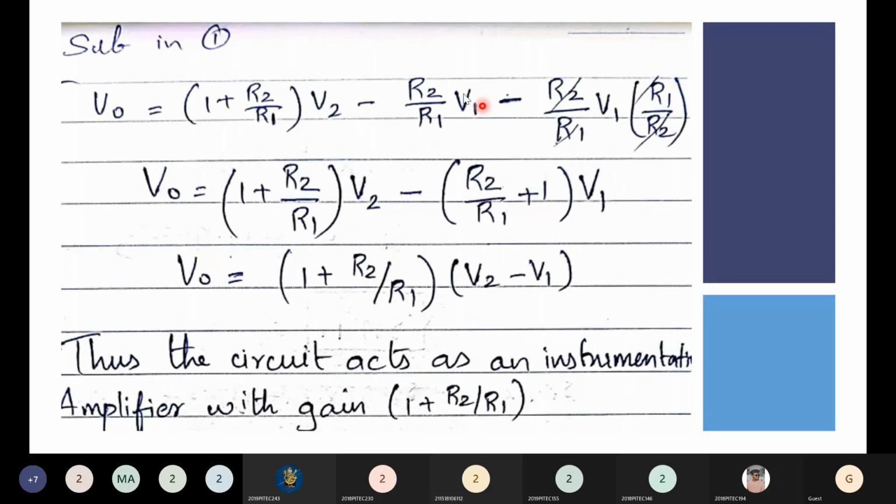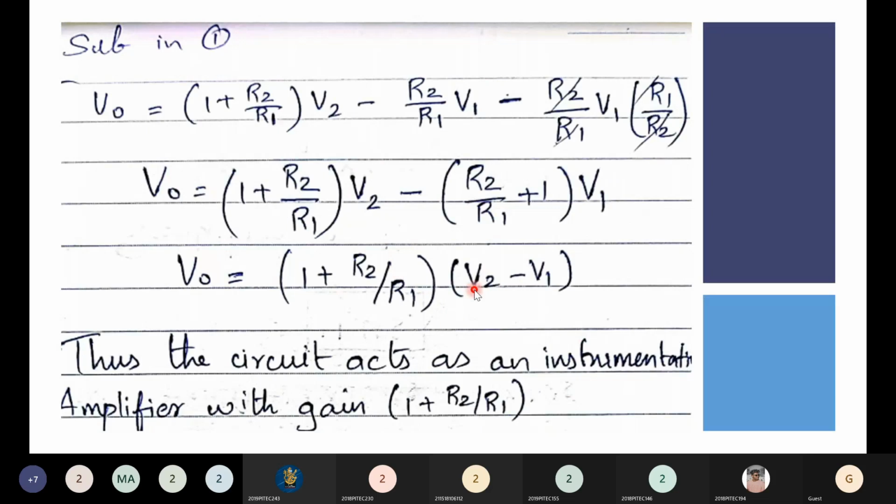One term will get cancelled and this remains. So your output is equal to 1 plus R2 by R1 times the differential input. That is what a differential amplifier or an instrumentation amplifier is, is it not? Output is 1 plus R2 by R1 times the differential input V2 minus V1. So this acts as an instrumentation amplifier.